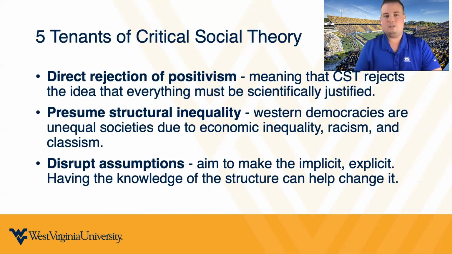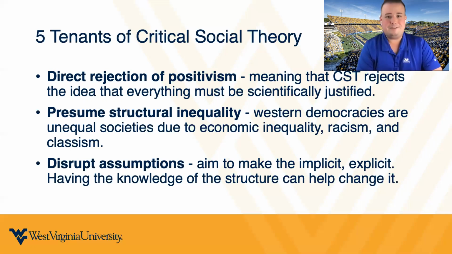Another thing that critical social theory presumes is this idea of structural inequality. And no matter to what extent, I'm sure we've all experienced structural inequality in some way, especially in the modern Western world. There is inequality in society due to economic inequality, racism, classism. And we see a lot of this coming to light in recent times, and also throughout the modern history of post-industrialization here in the US.